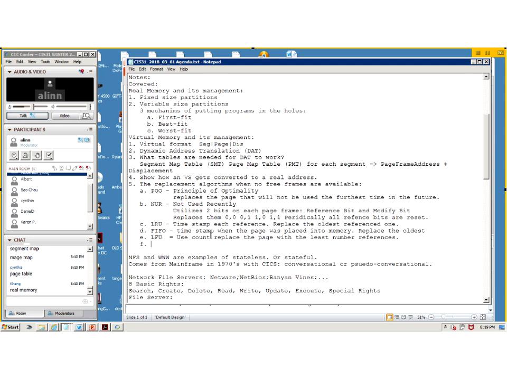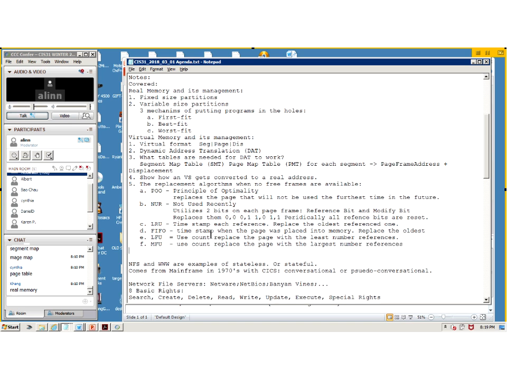Okay, and with that there's most frequently used, which is you use a count, but you replace the page with the largest number of references. Don't ask me why.